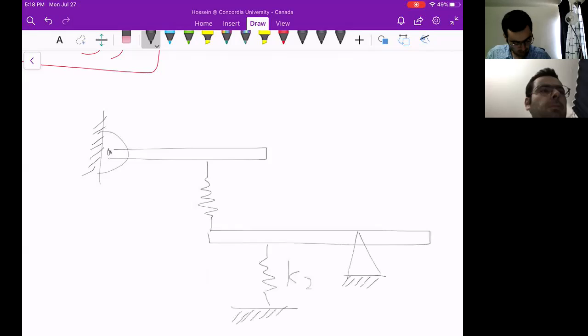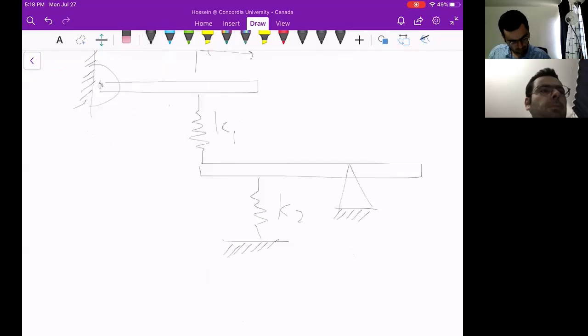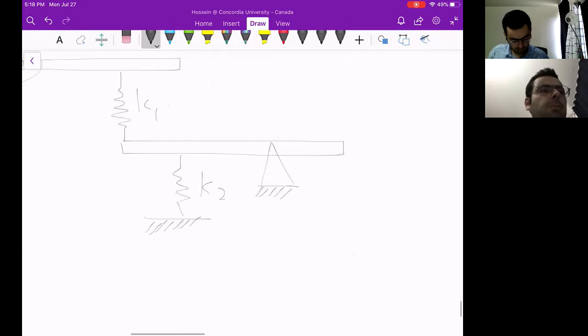K2, K1, L1, L over 4, 3 over 4 L, K1. This length is also given as L over 4.